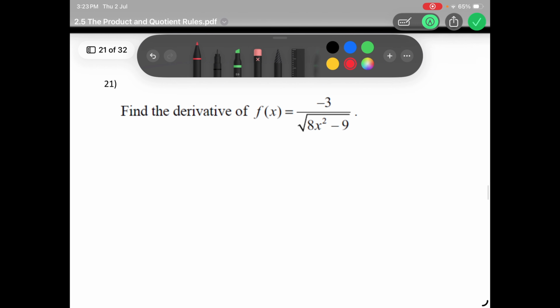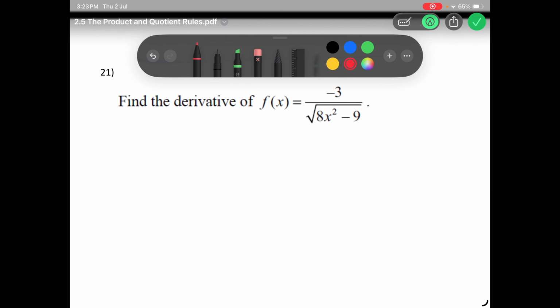So one response is like this. f prime of x.